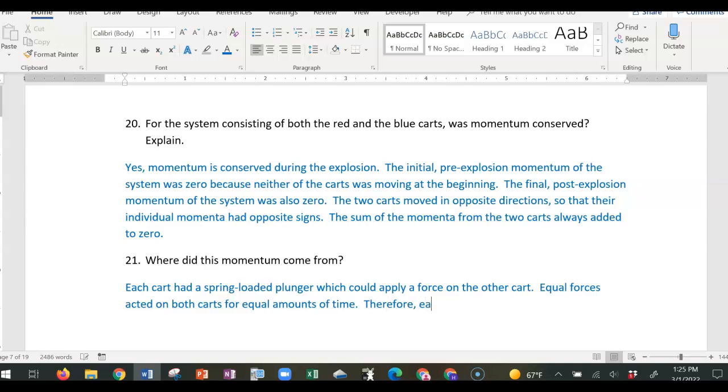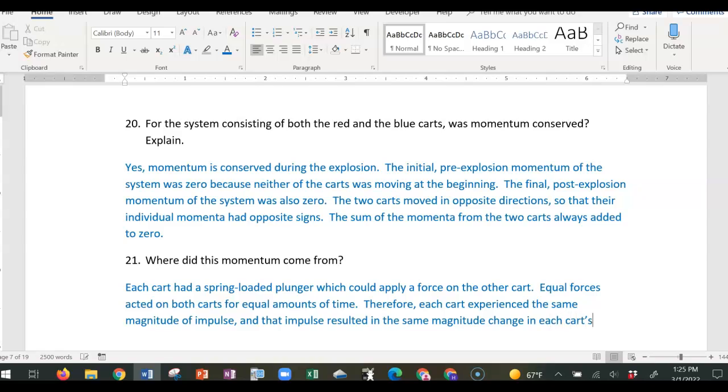Therefore, each cart experienced the same magnitude of impulse, and that impulse resulted in the same magnitude change in each cart's momentum. So again, the signs of the two momentum changes were different from each other, but the magnitudes were the same.